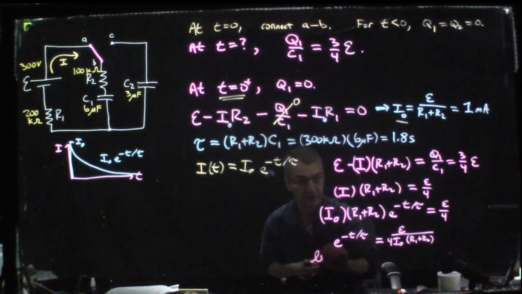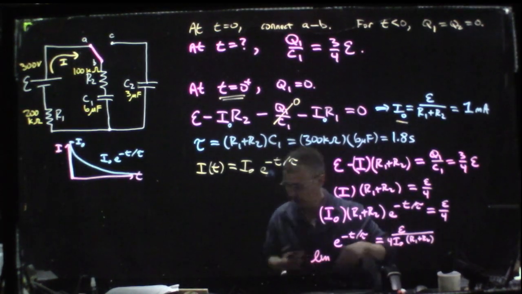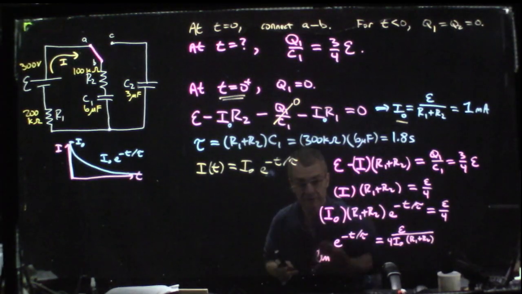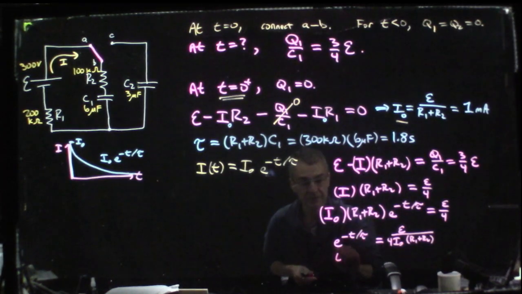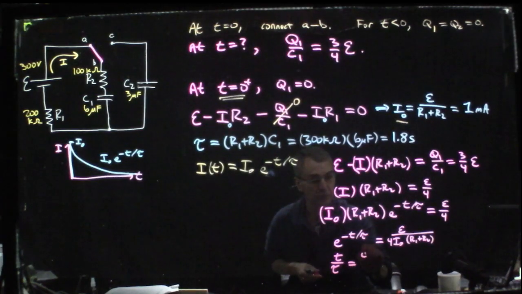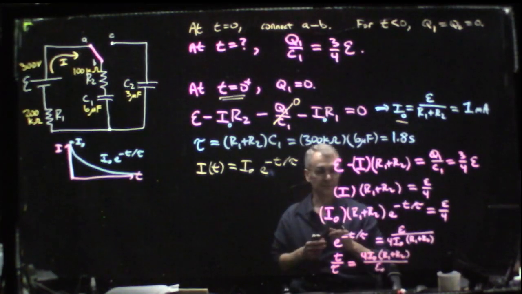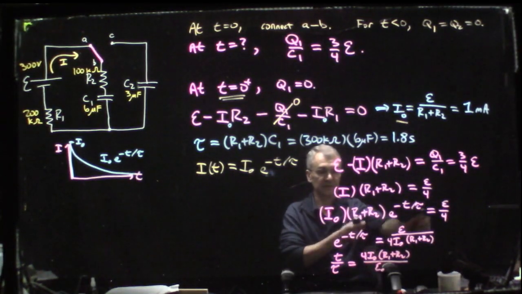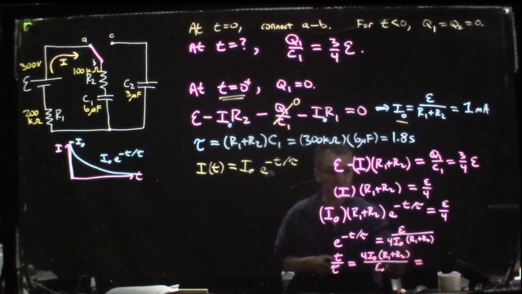The logarithm of the exponential is just the argument of the exponential. So I have t over time constant equals 4 I0 R1 plus R2, which I hope is going to be less than epsilon, divided by the EMF. Okay, so what is this quantity?